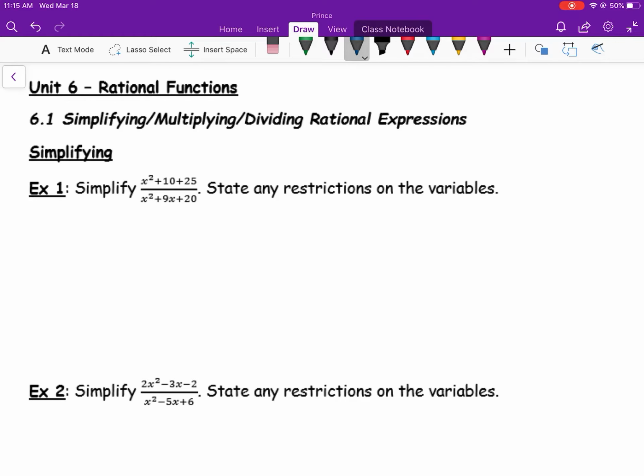So for number 1, I have 2x squared plus 7x plus 3. First times last, 6, 1 and 6, 2 and 3. So to make 7, we'll use positive 1 and positive 6. X plus 1, x plus 6.